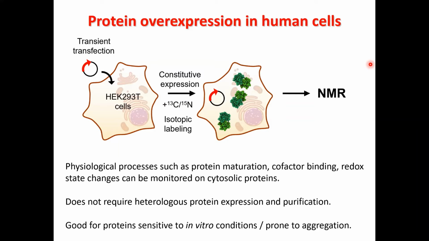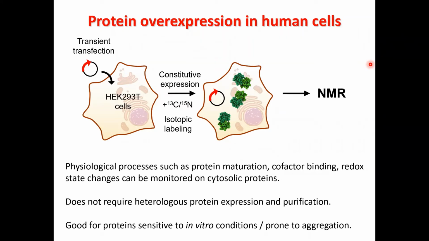As such, it has a few advantages because there is no handling required for the protein of interest, and it is useful for sensitive proteins which are prone to aggregation if manipulated in vitro, or which are sensitive to oxygen or other environments. And it's quite robust because protein overexpression is usually performed at high levels for different proteins.